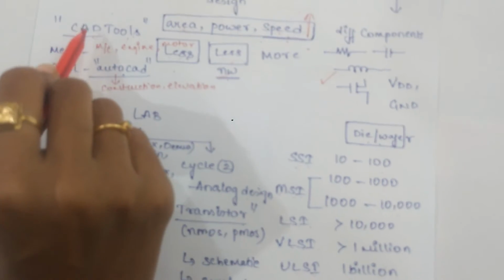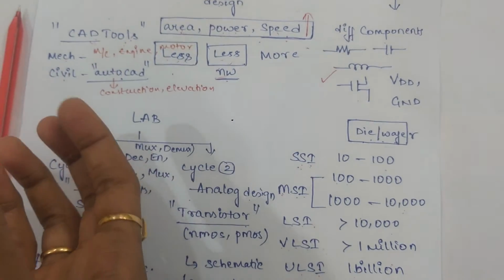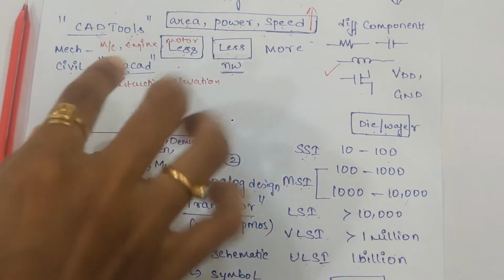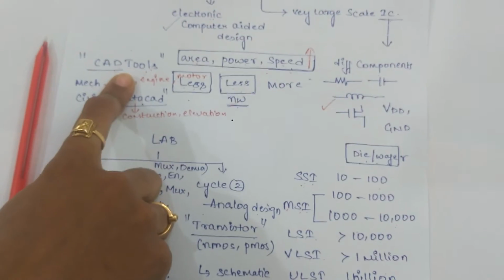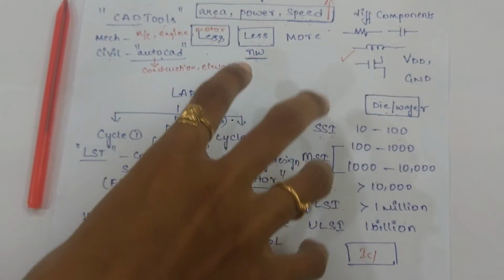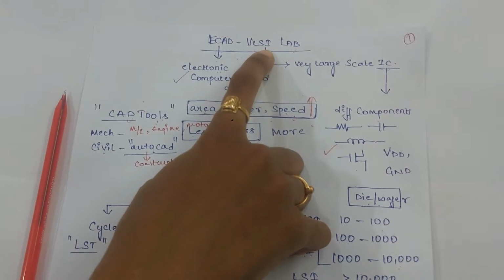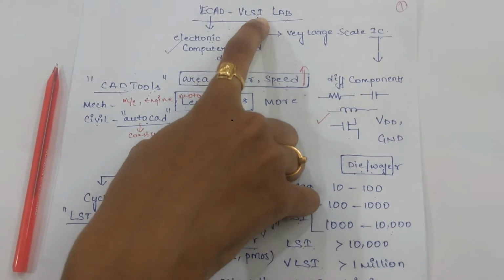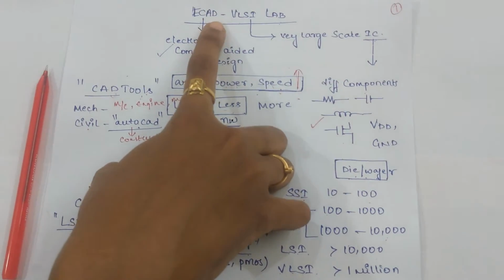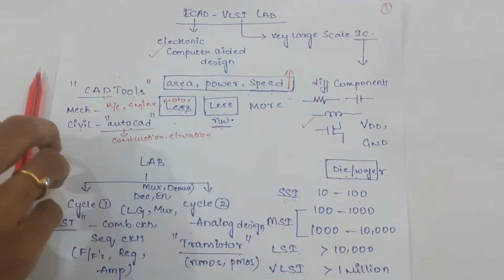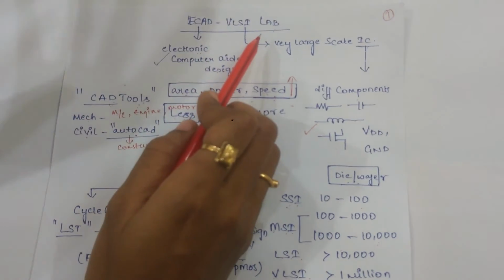The major function of a CAD tool is that the different types of structures or components are designed, verified and tested with the help of this particular CAD tool. So for ECAD, whatever components are placed on VLSI circuits, on an IC, all those electronic circuits will be designed with the help of CAD tools. So this is the general introduction to ECAD and VLSI terminologies.